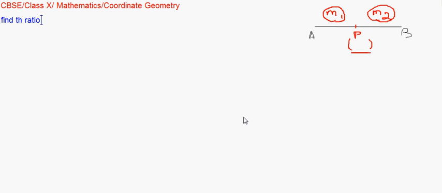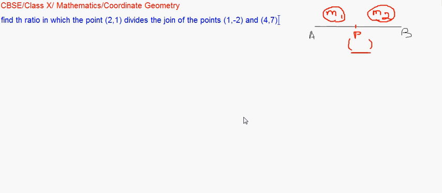I just skipped a letter so that I can write a little faster and put the question on the board, in which the point (2, 1) divides the join of the points (1, -2) and (4, 7).